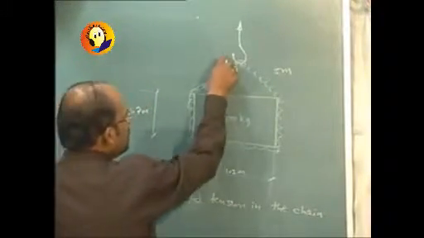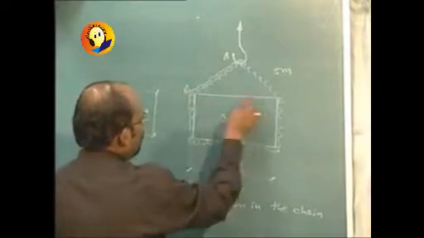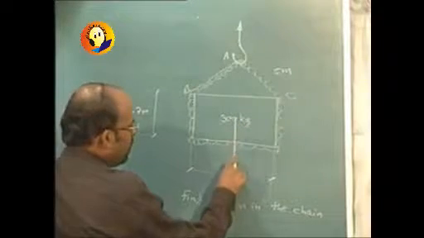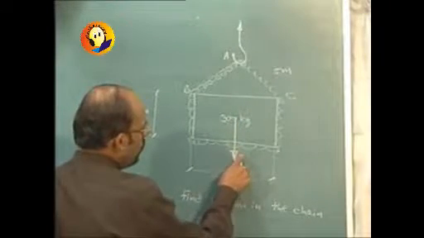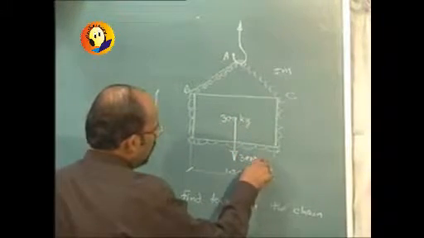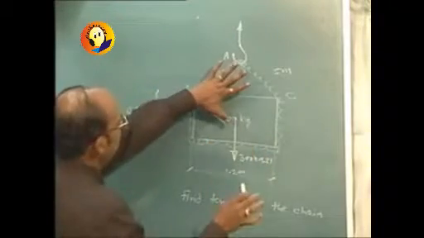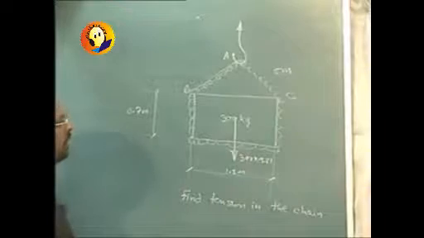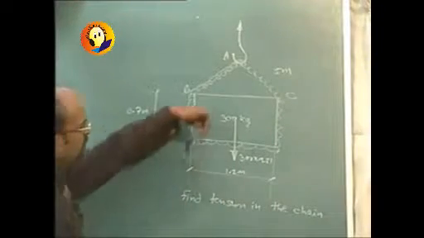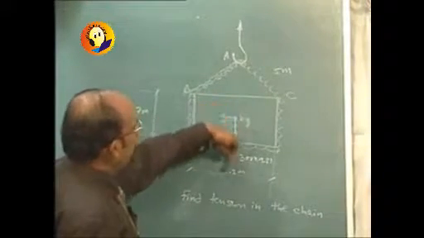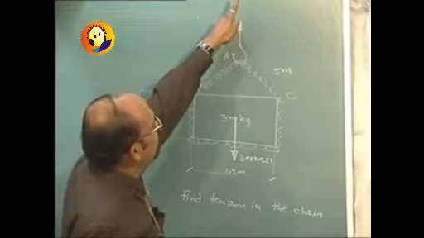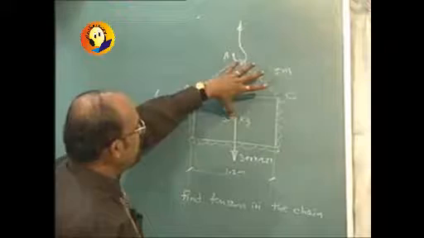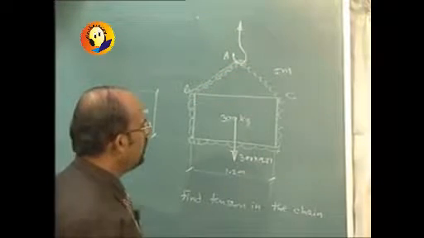Now if I name these points as A, B, C, and if I just consider the overall thing, then this is the weight acting downward, which is 300 into 9.81, and if I consider it as overall, then this upward force must be 300 into 9.81, because there will be only two forces, weight acting downward supported by this upward force, and two forces acting on the body will result in equal and opposite forces for equilibrium.